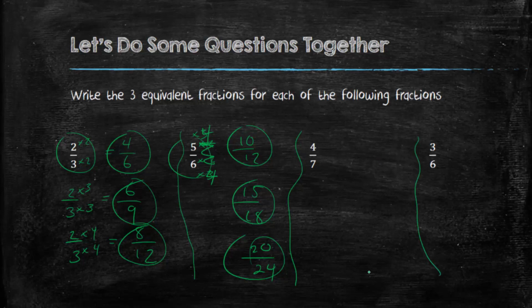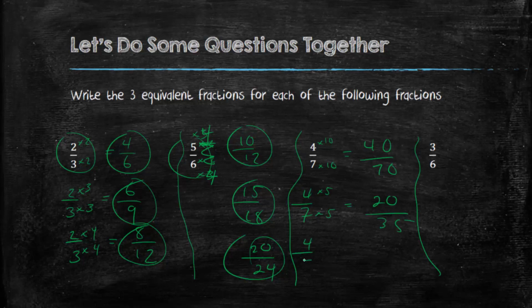Now, I'm doing all the multiplication by 2, 3, and 4. Now, what happens if I were to multiply them by 10, for example? Well, it would still work. 40 over 70, that's an equivalent fraction. What happens if I were to multiply 4 over 7 by 5, let's say? Well, I would get 20 over 35. That's also an equivalent fraction.